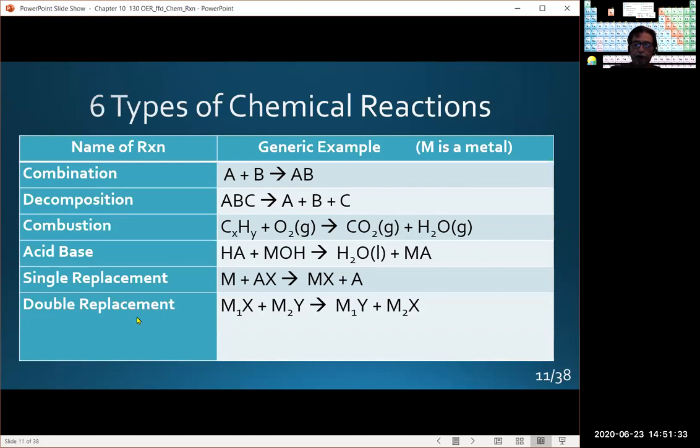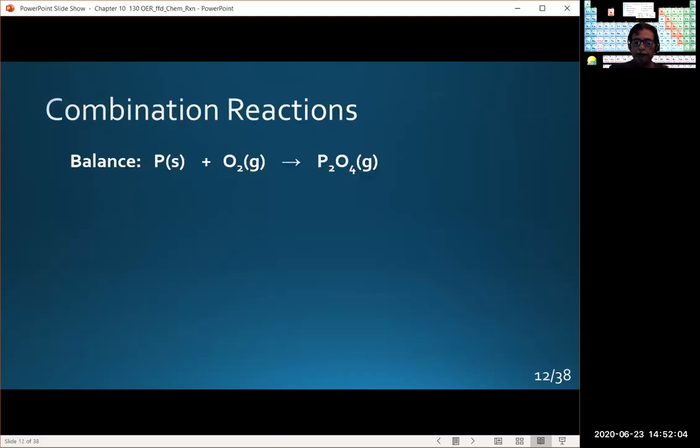So we have combination reaction, decomposition reaction, combustion reaction, an acid-base reaction or neutralization, a single replacement reaction, which is governed by the activity series, and then we have a double replacement reaction, which is governed by the solubility rules. All right, so those are the 6 types of reactions that we're going to deal with.